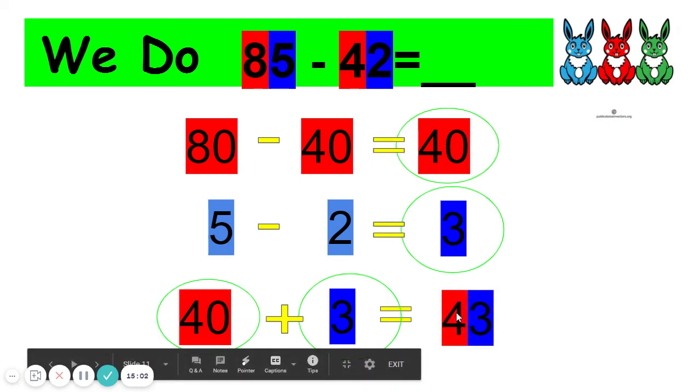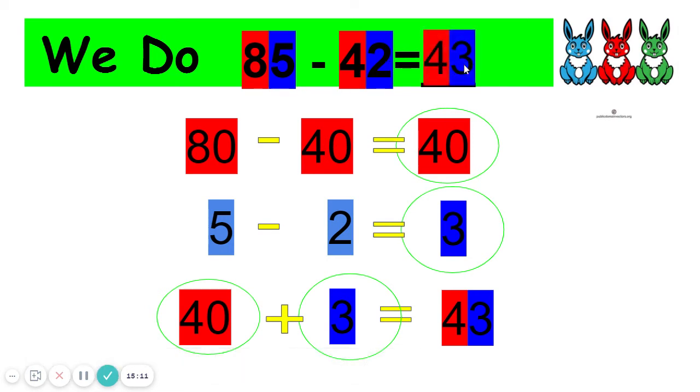Yes, the answer to this problem when I add my partial differences together is 43. I'm going to place it right here. So now I've got 85 subtract 42, the difference being 43.